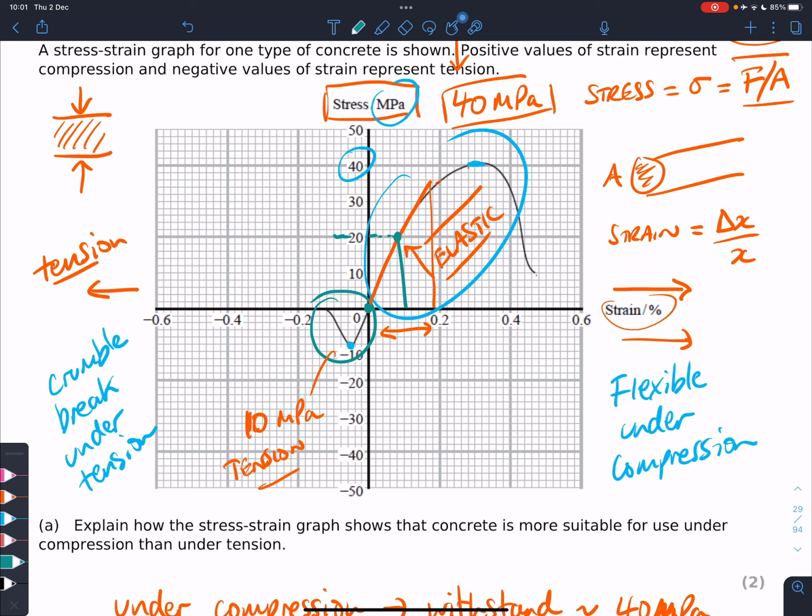So that means we can put a stretching force, a tensile force, of the difference between the starting point here and where it would normally break, of 30 megapascals before it's going to break, rather than 10. So whatever force we can put, a compressive force on concrete to start with, we're going to enable it to withstand more of the strain in the tensile direction, more of the stretching strain, so it will be able to withstand basically more stress before it breaks.